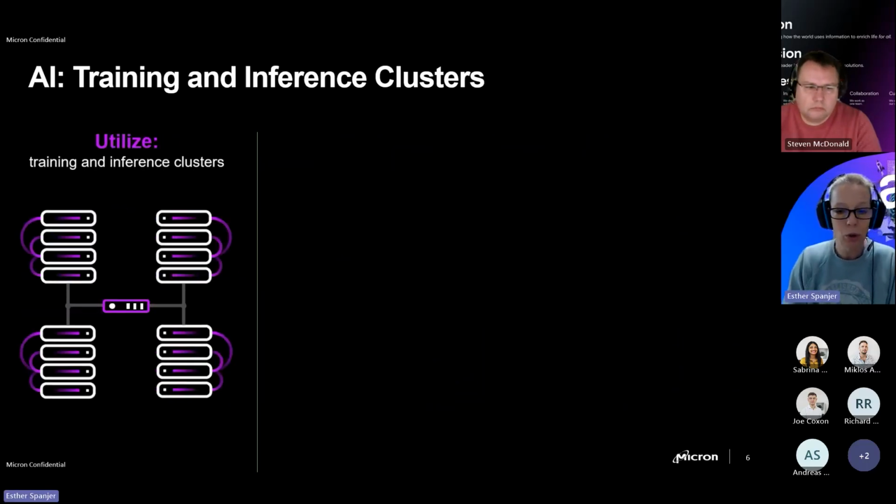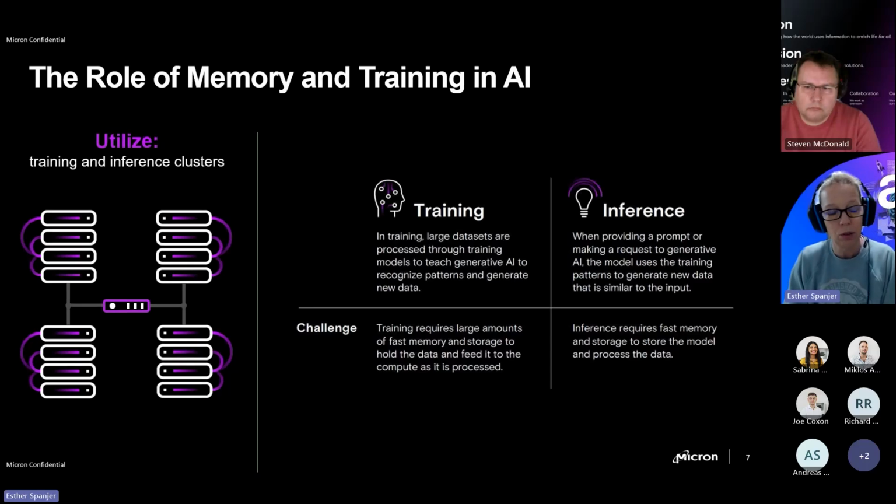So when we're looking at these training and inference clusters, just a definition of what is the difference. When you're looking at the training, this is really the part where the AI model is taking large data sets and starts to train the model to recognize patterns and eventually, right, generate new data.